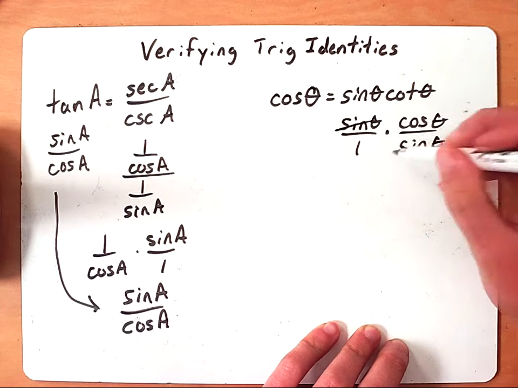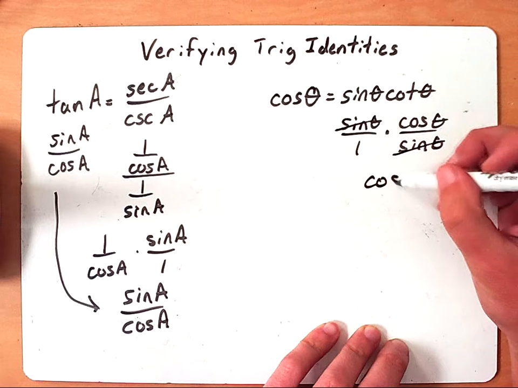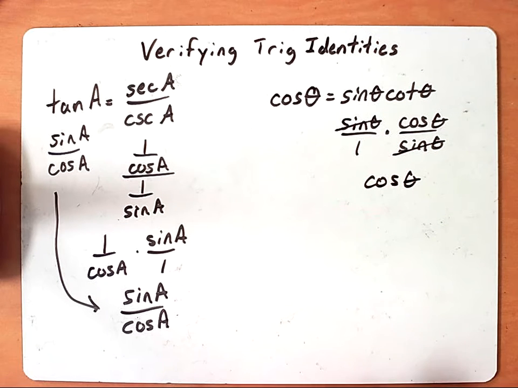My sines will cancel out, and I'll just be left with cosine theta. So probably two of the easier ones we've had so far. They do progress in difficulty as this goes along. So if you need to write that down, go ahead and pause the video so you have a second. I'm going to go ahead and erase these and put up the next couple of problems for us.